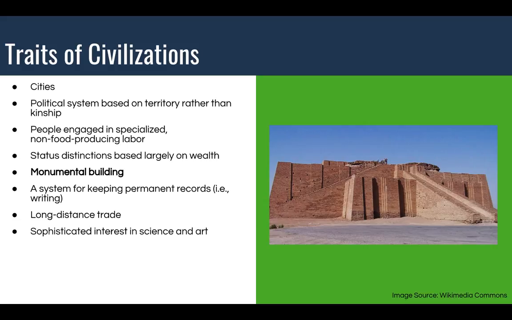We also see in civilizations monumental building. This does not just mean that you have to build something really big like this ziggurat in Mesopotamia in what was called Ur. This is the ziggurat of Ur, or the pyramids in Egypt. That was not necessary. It could be just some type of large organized project, like irrigation in Egypt or sewer systems in the city of Mohenjo-Daro in the Indus River Valley.